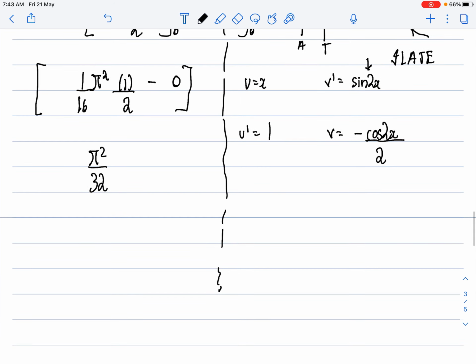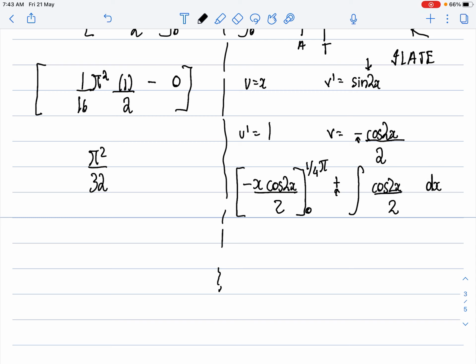Now I can use the same formula, which is u into v, which I get minus cos 2x over 2 with the limit 0 and 1 upon 4 pi, minus vu dash. It's simply because of the minus here and minus here, this can become plus cos 2x over 2 dx because u dash is 1.